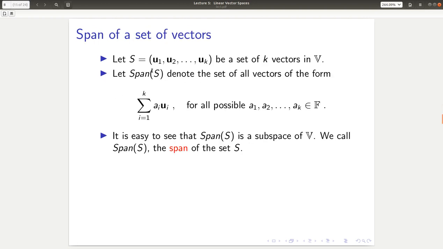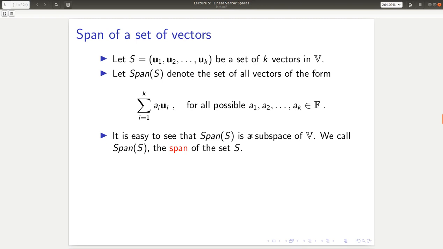So now we will go ahead and show how to construct a subspace from a set of vectors. So we start with S, which is a set of k vectors, u1, u2 to uk. Then what we do is we create a new set, which we'll call span of S, and that just consists of all vectors which are given by an arbitrary linear combination of these k vectors.